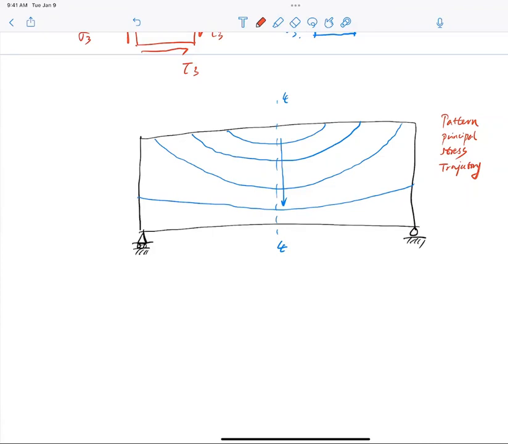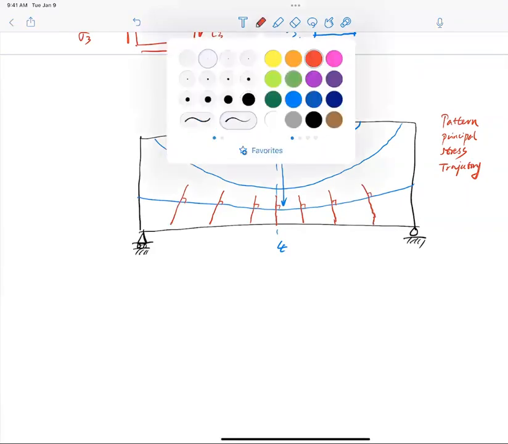So with this line, the concrete is going to crack in the middle, perpendicular to these blue lines. Remember, perpendicular to the blue line. Why does this turn straight again?